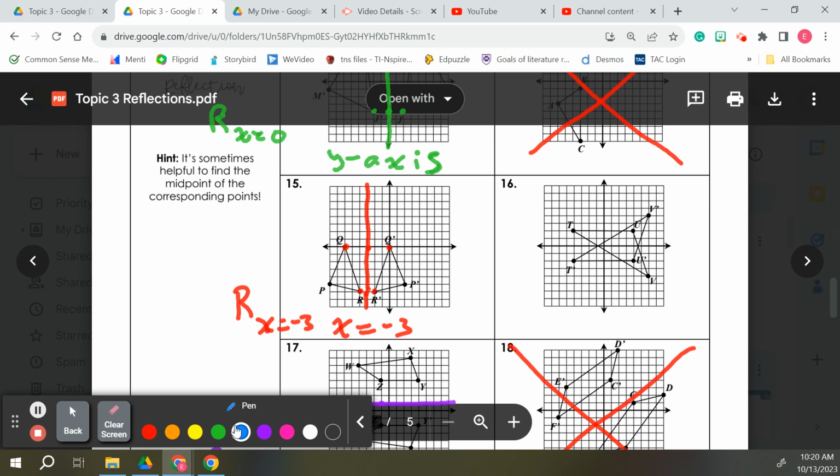So I'm going to use V prime and V, and I'm going to count. 1, 2, 3, 4, 5, 6, 7, 8. So that means 8 divided by 2 is 4. So I'm doing 1, 2, 3, 4, which lands right here at the x-axis. So that means the function would be capital letter R, y equals 0.